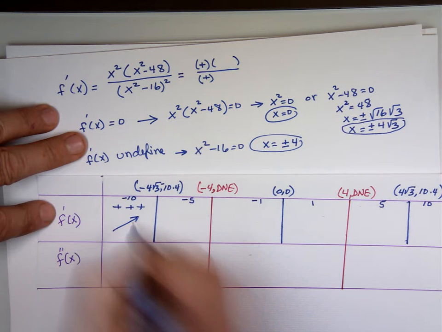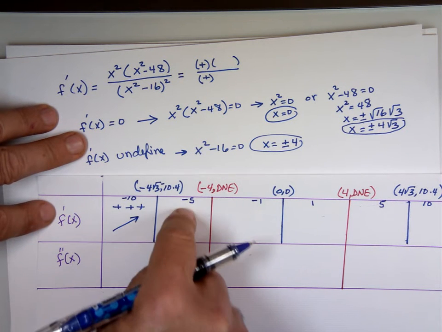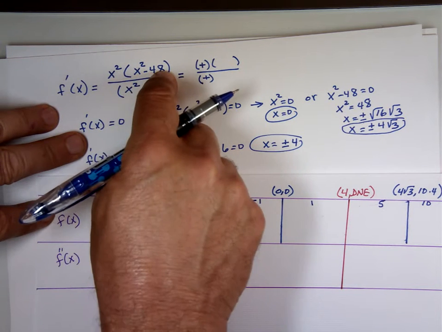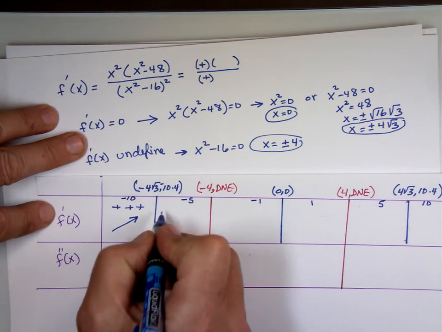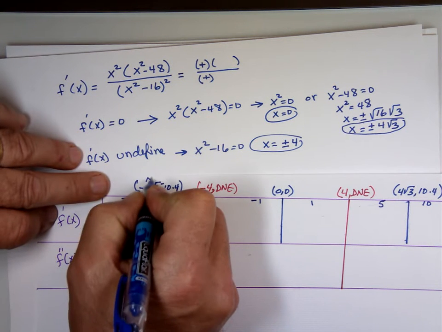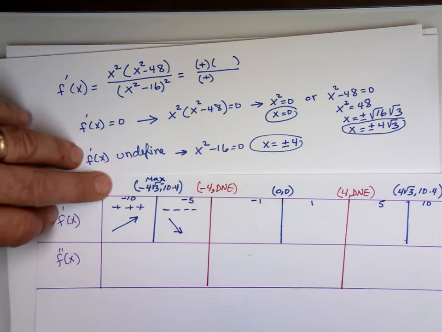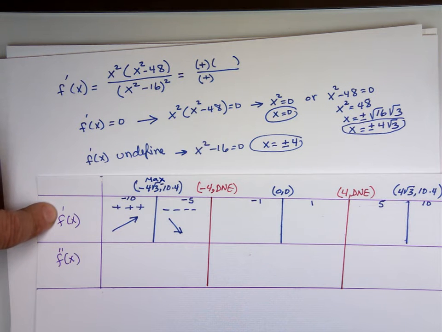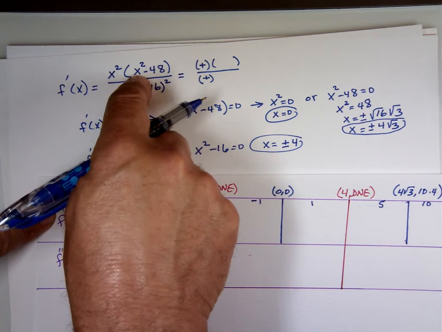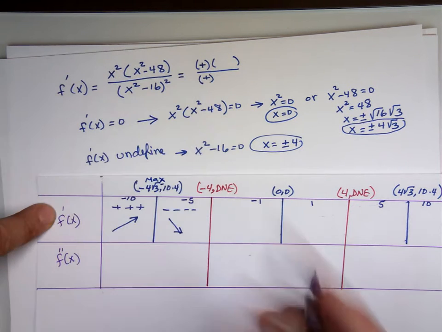When it's negative 5, 25. 25 minus 48, negative. Decreasing. That's a max. A hole here. A minus 1. What's minus 1 squared? 1. 1 minus 48? Negative. Decreasing.